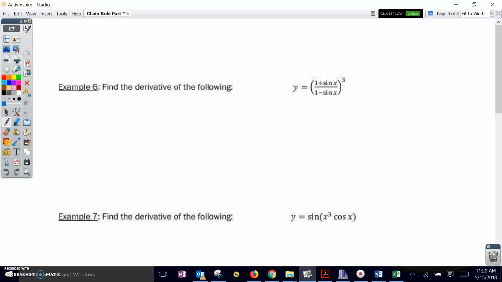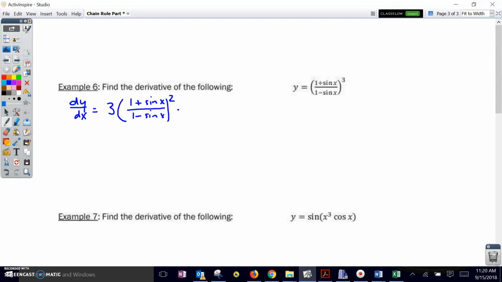Alright, in example 6, we have y equals the quantity 1 plus sine of x over 1 minus sine of x raised to the third power. So we're going to apply the chain rule first, because the composition is the last thing that we would do if we were evaluating this. So dy dx is going to be the derivative of the outside, leaving the inside the same, times the derivative of the inside.